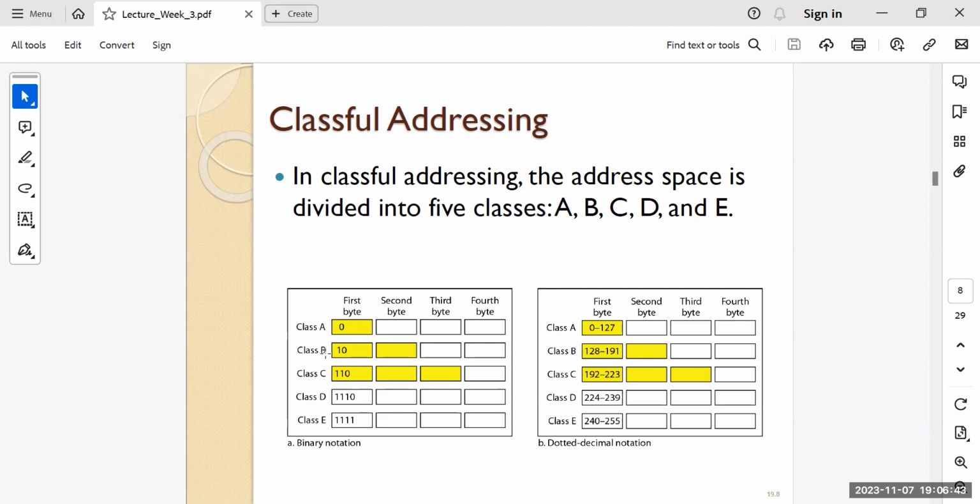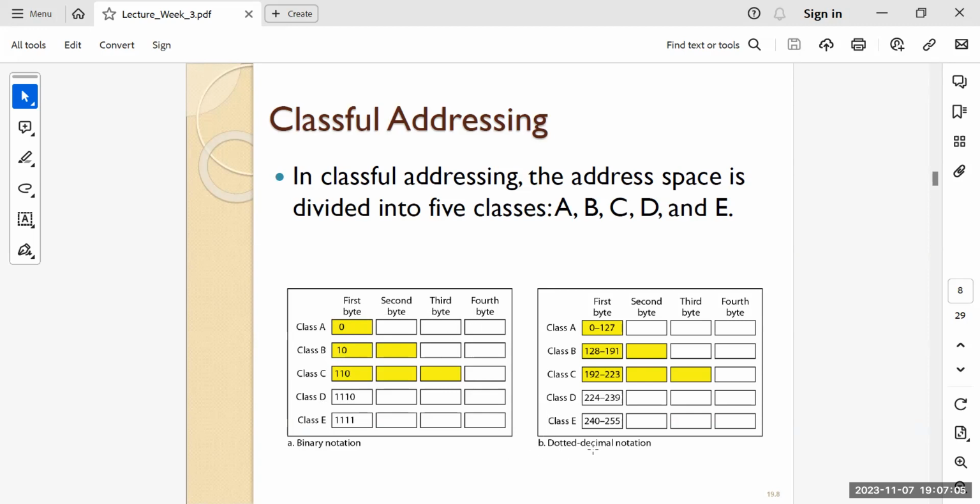In class B, in the first byte, the first 2 bits are 1 and 0. In class C, in the first byte, the first 3 bits are 1, 1, and 0. In class D, they are 1, 1, 1, and 0. And in class E, they are 1, 1, 1, and 1.